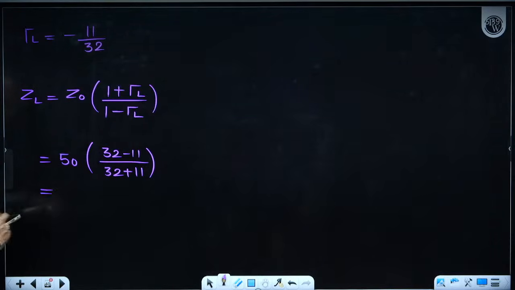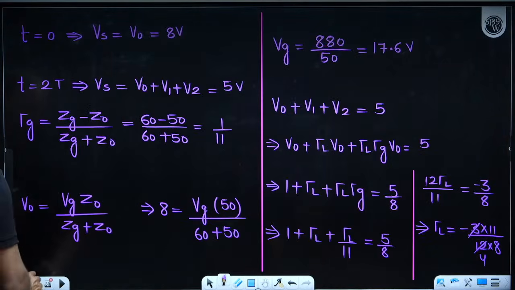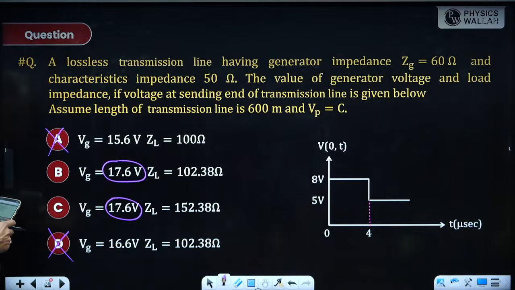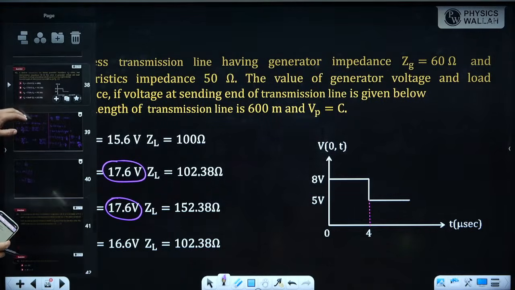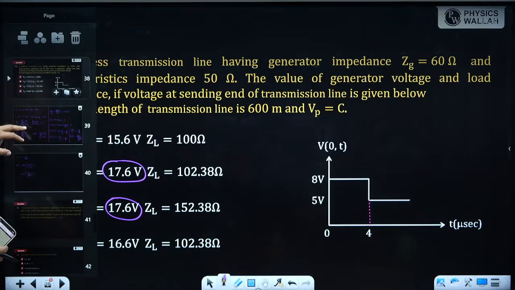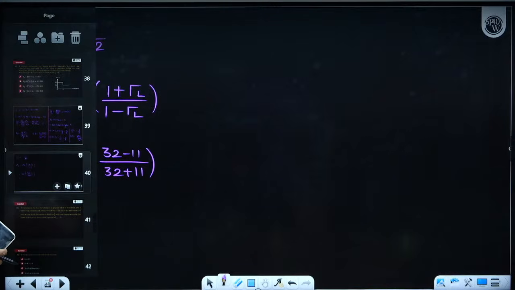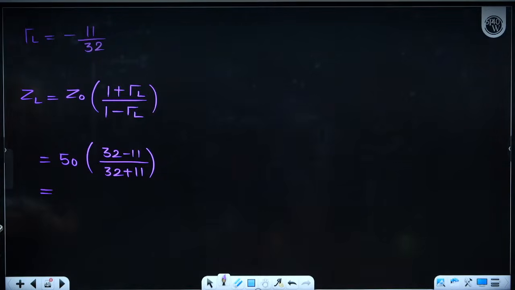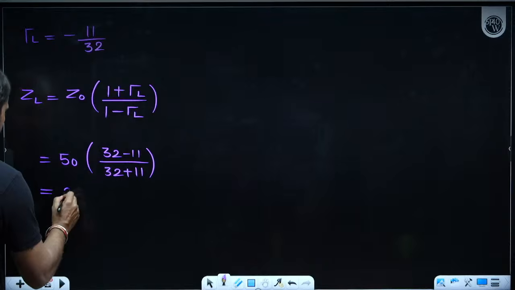So 21 divided by 43 into 50. So 21 divided by 43 into 50 is 24.42.